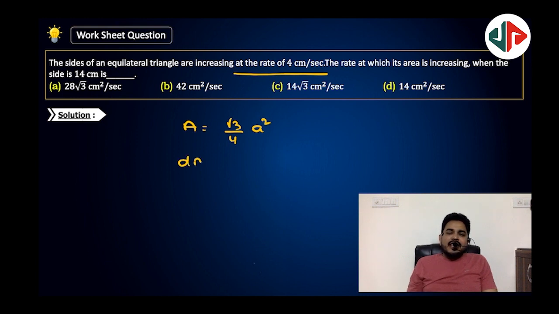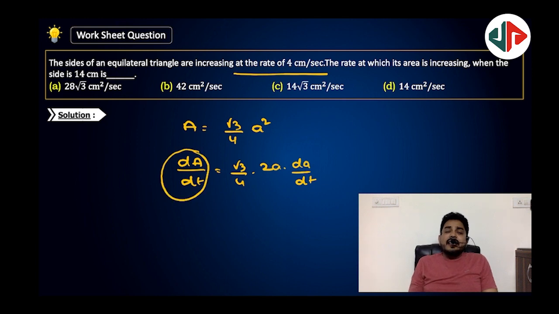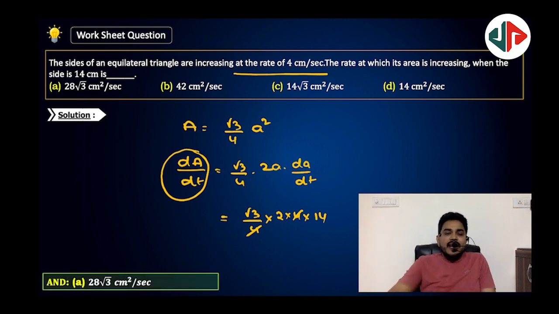So dA by dt is equal to root 3 by 4 into 2a into da by dt. Side is 14 centimeter and da by dt is 4 centimeter per second. So it is equal to root 3 by 4 into 2 into 4 into 14. 4 cancel. So it will be 28 root 3 centimeter square per second.